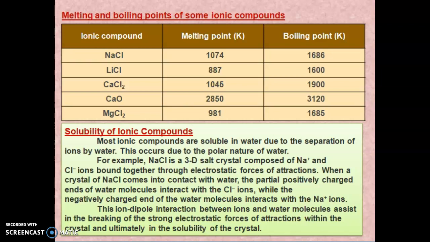So now you can see that when sodium chloride comes in contact with water, the partially positive end of water molecules interacts with the chloride ion, Cl-. Similarly, the negative end of water molecules interacts with the sodium ion, Na+. When water molecules split into ions, you can say H+ and OH-, the H+ positive charge interacts with the Cl- ion, and the negative OH- interacts with the Na+ ion.